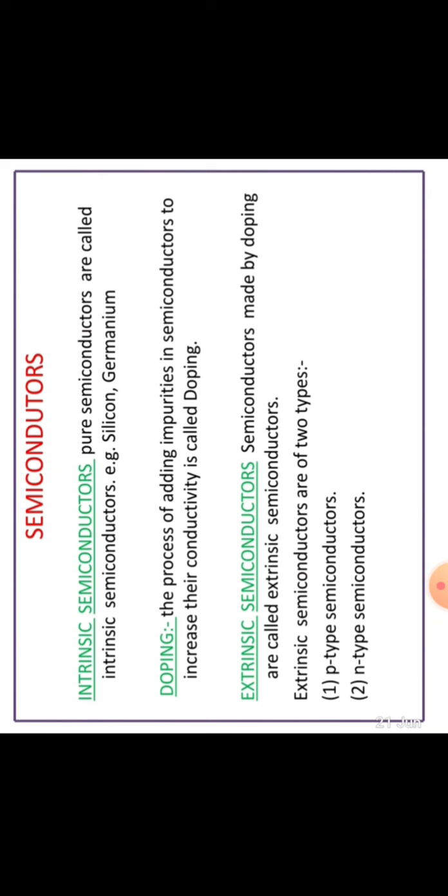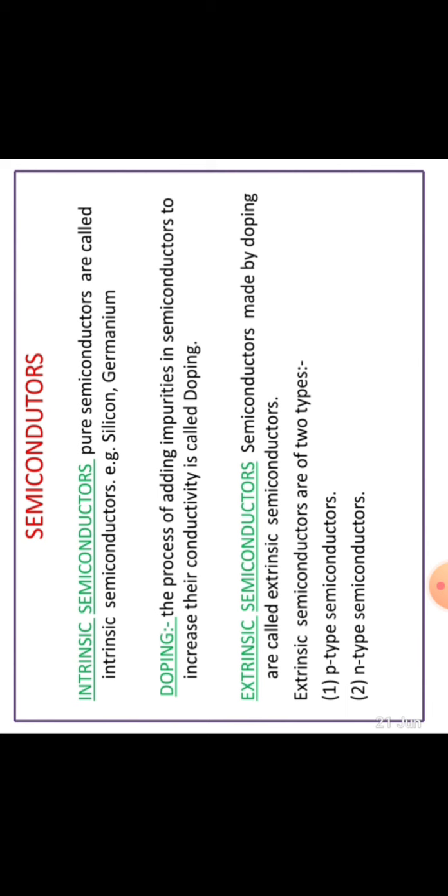It means in the outermost orbit it has 4 electrons. So except carbon, the remaining elements like silicon and germanium are semiconductors. Carbon is an insulator, silicon and germanium are semiconductors, and the remaining two elements are very good conductors.